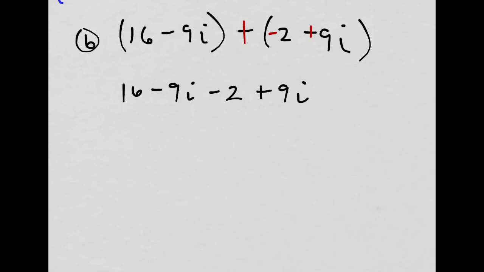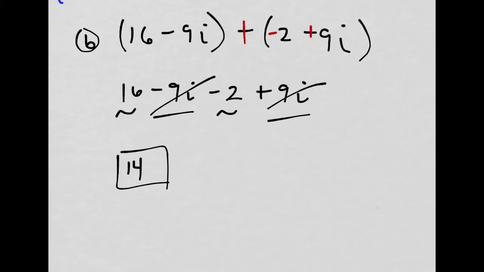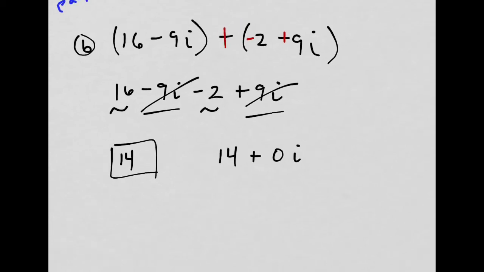And then I combine like terms once again. 16 and minus 2, 16, 15, 14. And then negative 9i plus 9i. Those cancel out. So that's just 14. You could write it like this, 14 plus 0i, but you don't need the 0i because that's nothing.